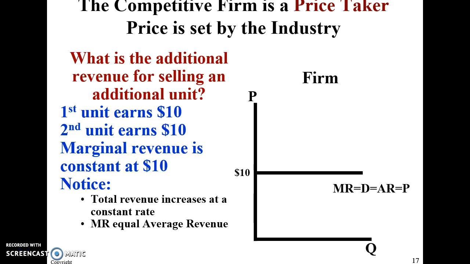And so often we will label that demand curve in the following way: marginal revenue equals D equals average revenue equals price. Some students will memorize this by Mr. DARP, but I would suggest if you put this on the exam, you make sure that you keep the equal sign in between the abbreviations.